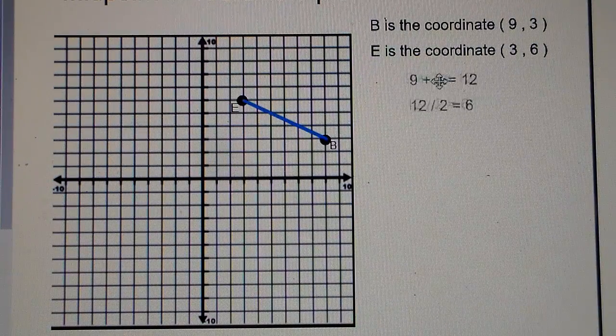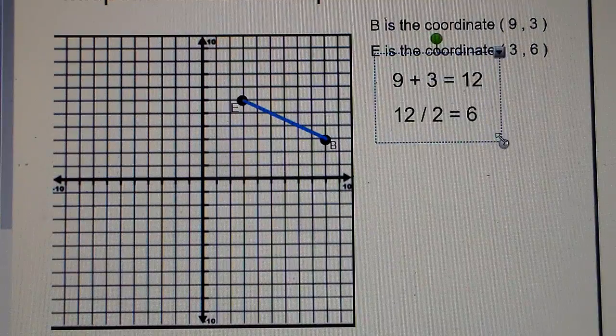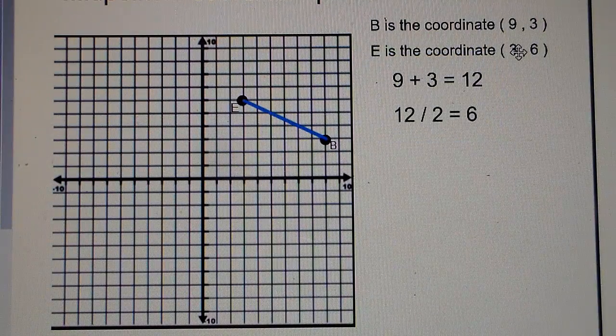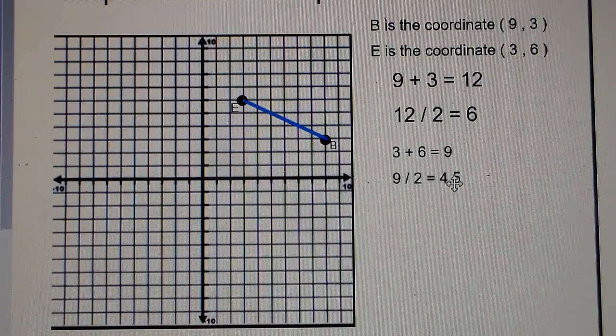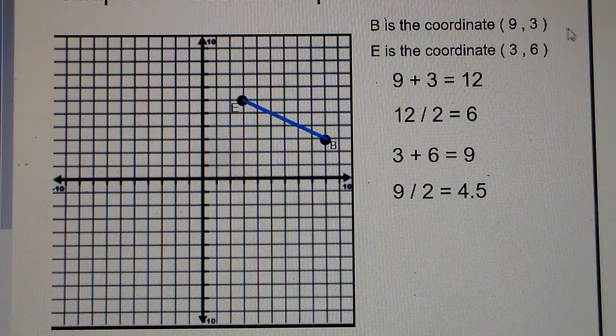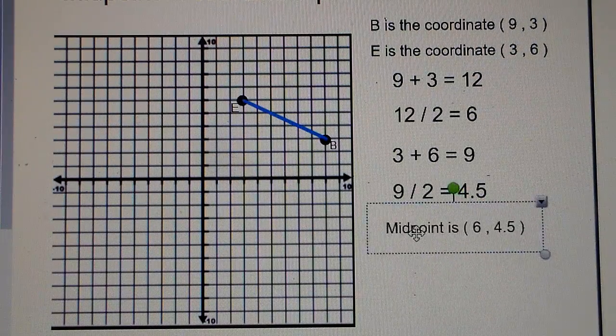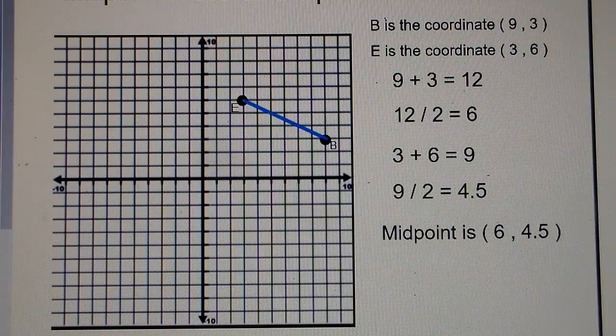So if we want to find the midpoint of the x's, we add up the x's. 9 plus 3 gets us 12. 12 divided by 2 is 6. So our x value is 6 in our midpoint. We then do the same thing with our y's. 3 plus 6 gets you 9. 9 divided by 2 is 4.5. So our answer, the midpoint, is the coordinate 6 to the right and 4.5 up. So parentheses 6, comma 4.5, close parentheses. That's our midpoint.